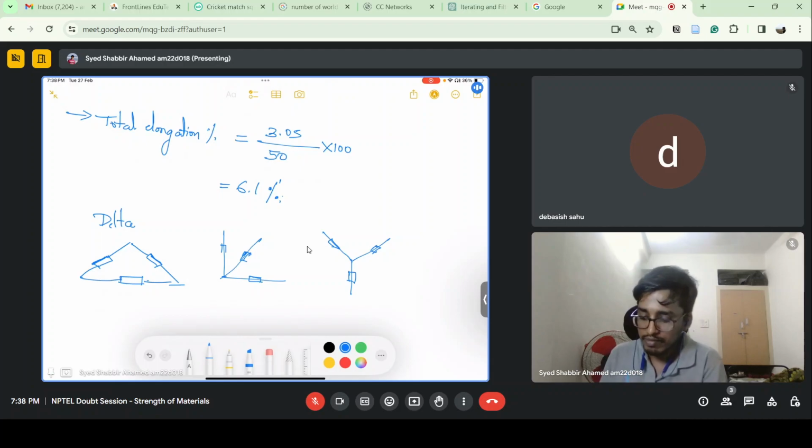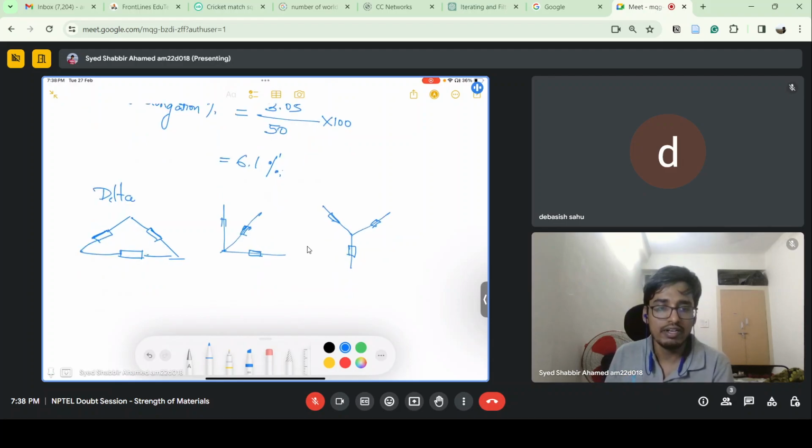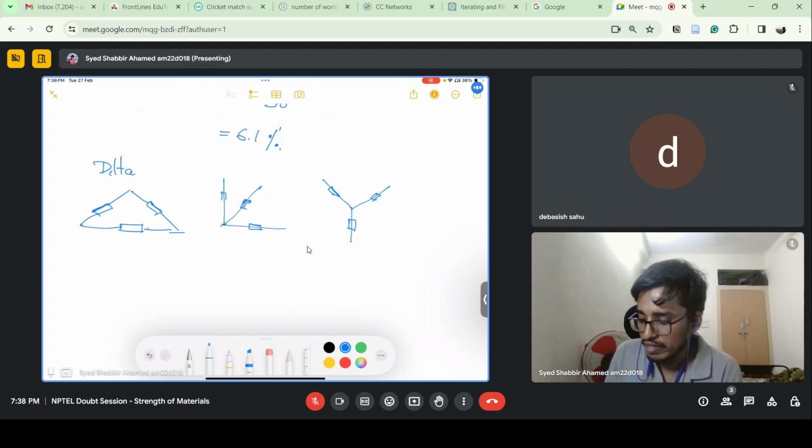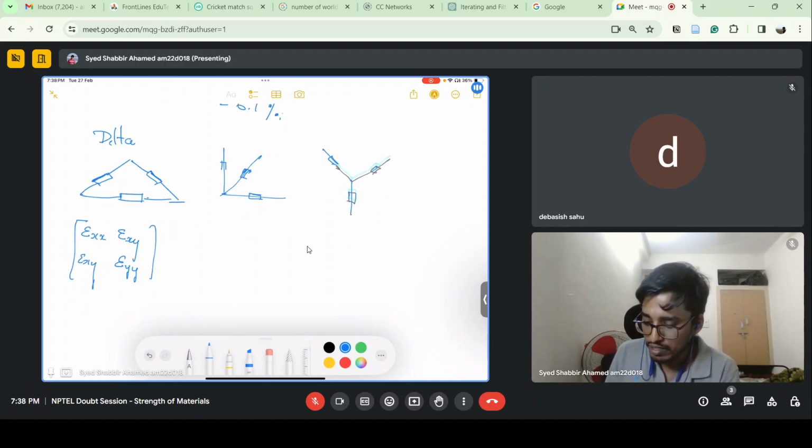So using these different configurations, we can calculate the state of strain. Whenever I say state of strain, it gives the normal strains in two perpendicular directions and also the shear strain. So this is the state of strain for the two-dimensional case, a 2 by 2 matrix.